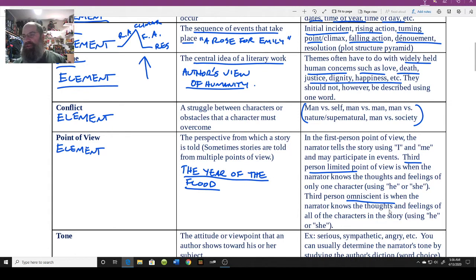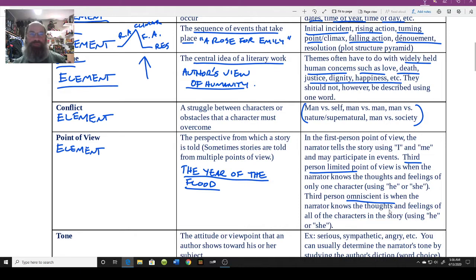If you're reading Jurassic Park, or a Stephen King novel, although Stephen King likes to jump around between omniscient and limited, that's how you set up suspense. Oh, don't go behind there, because we the reader know more than the characters on stage, and that's how dramatic irony is created through omniscient third person point of view.